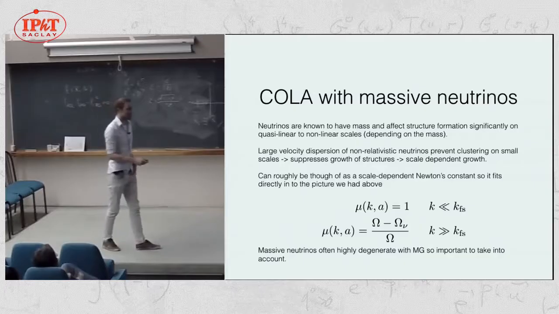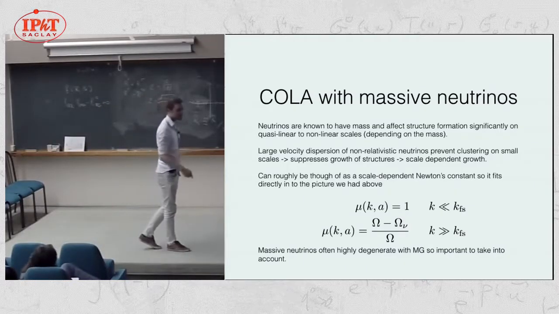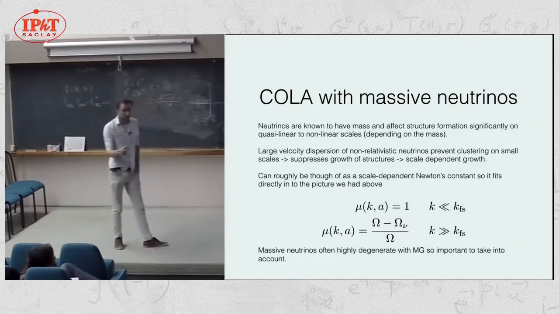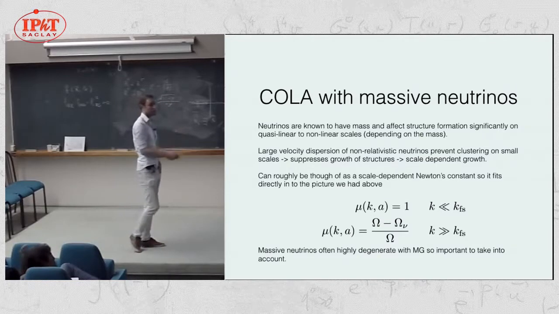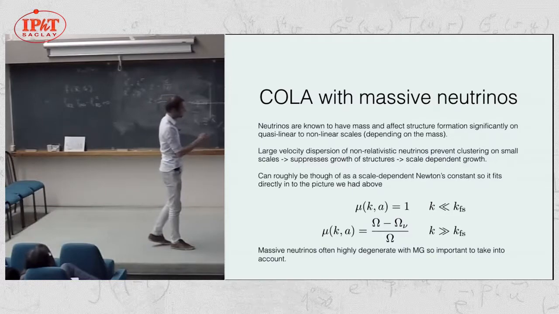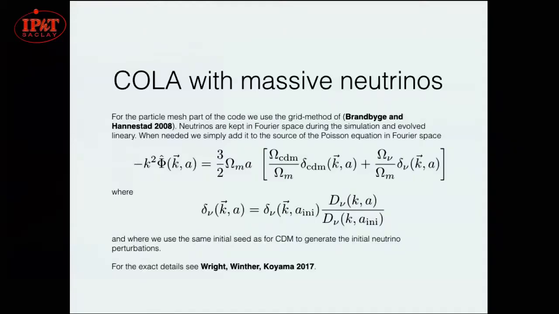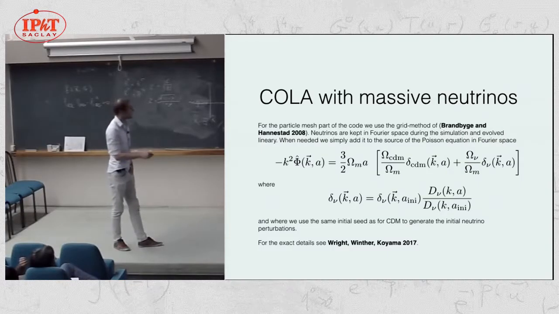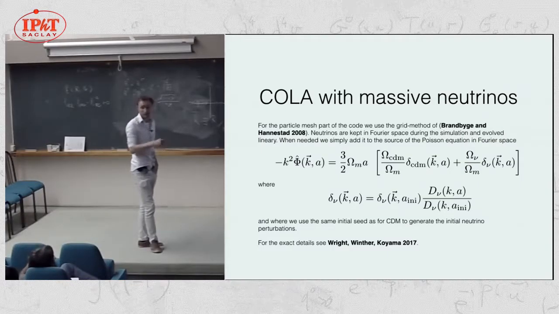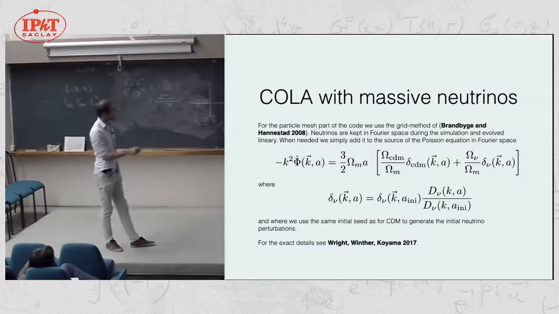But since such a COLA simulation is just like a normal n-body, you also need to have neutrinos in the code. And that's expensive, so we also set an approximation here. We use one of these methods that were proposed a few years ago, where when you generate your initial conditions for your CDM, you also generate your initial conditions for your massive neutrinos, which are basically in phase at the initial time.